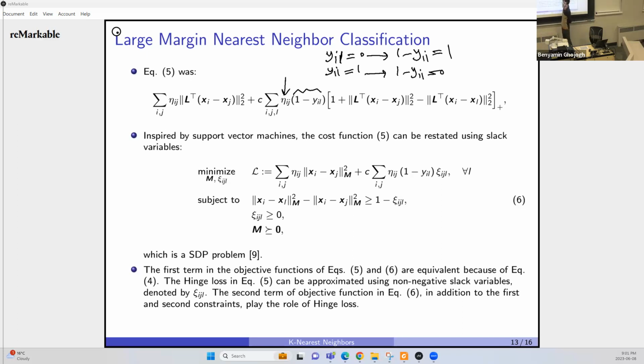Therefore, I only consider this second term if xi and xl have different labels. It means that xl is a negative point. So with eta ij, I'm saying that xj should be a positive for xi. With this, I'm saying that xl should be a negative for xi.